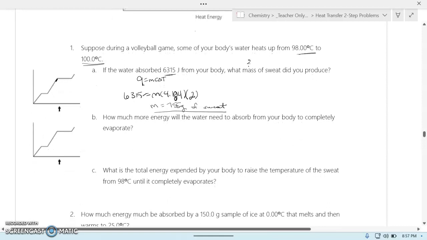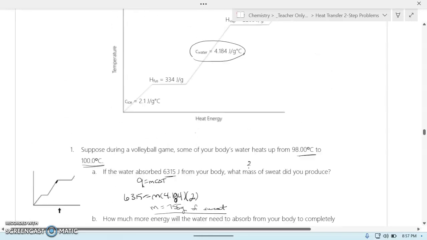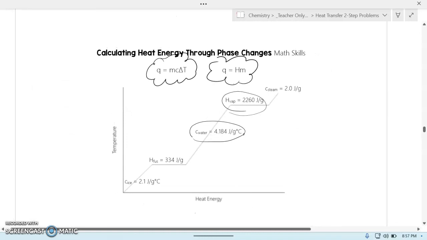Now it says, how much more energy will the water need to absorb from your body to completely evaporate? So now we're going to hit this section. How much until it completely evaporates off of your body? This time on our heating curve, we are going to be using heat of vaporization.